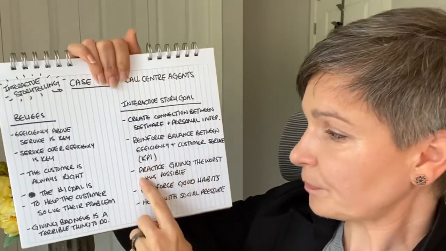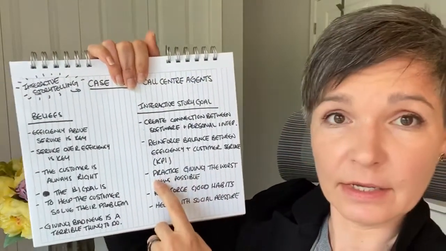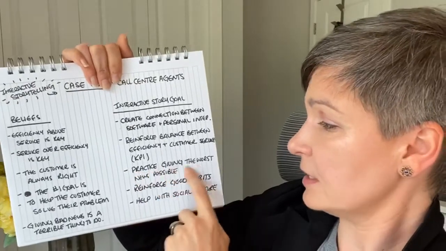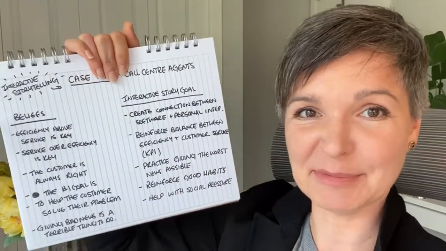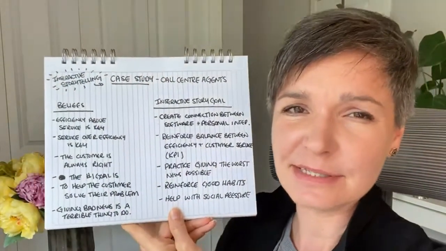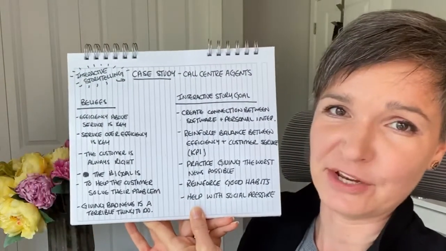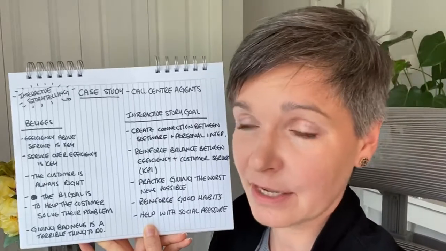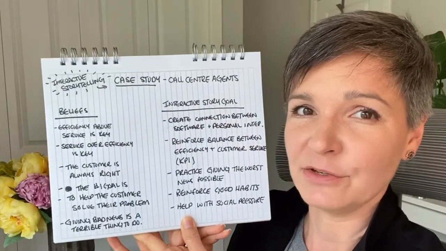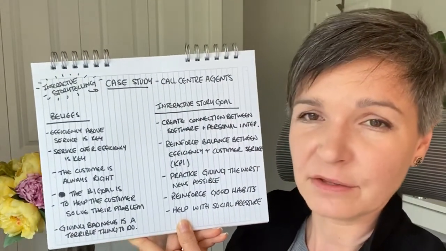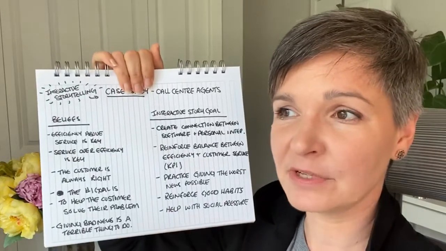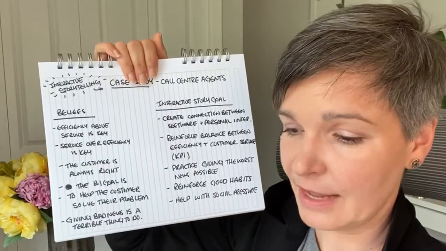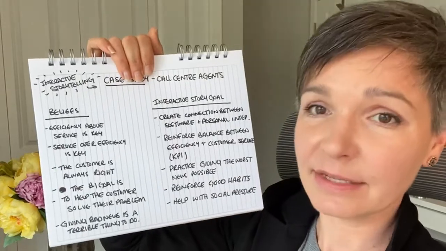Anyways, the other thing this interactive story was meant to do is practice giving the worst news possible. So obviously she put them in some seriously uncomfortable situations. And this is great because sometimes it might take somebody a couple of months to get really bad news, but they're anticipating it. If the worst case scenario happens to you, and you see the consequences of it, you're not going to die, right?